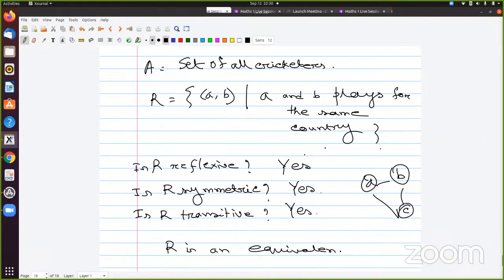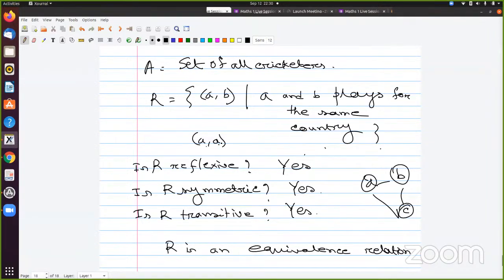Sorry, can you please tell me how can it be reflexive? Reflexive means (A, A) should be there. But A is the same element, one single person. How can he be related to himself by this relation? Because he is playing for some country. My confusion was that I was thinking, how can the same person be represented twice?